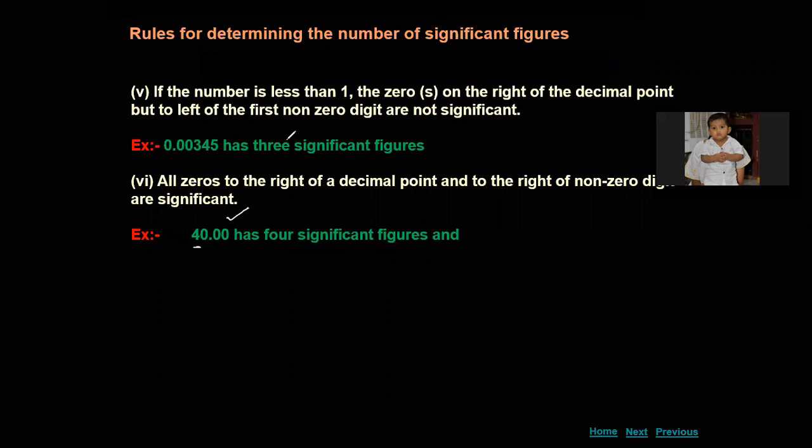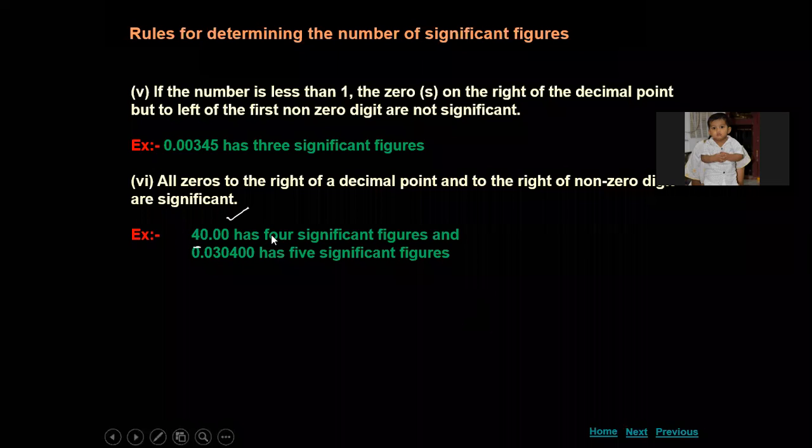Now we will go with the next one. See here, one more example is there. 0.30400 is there. See here, 0 point, it is less than 1, so this 0 will not be significant. Before 3, whatever is there, that is non-significant.